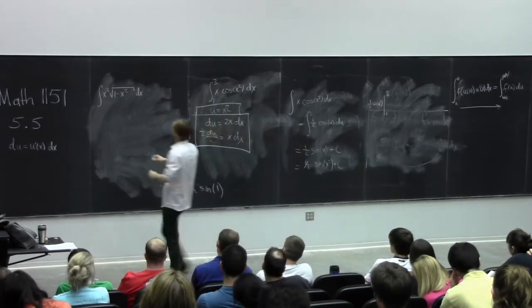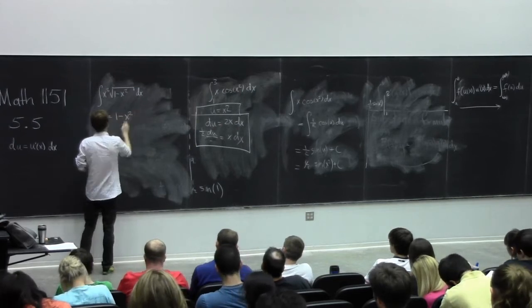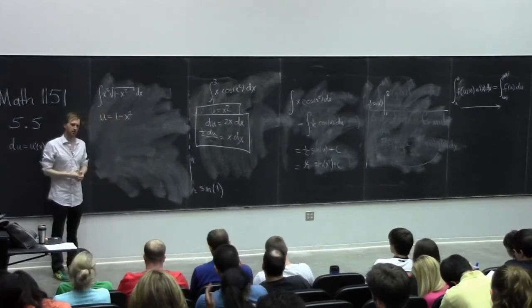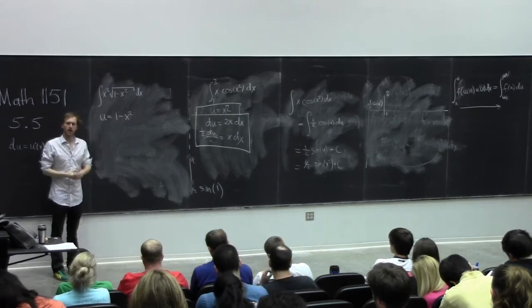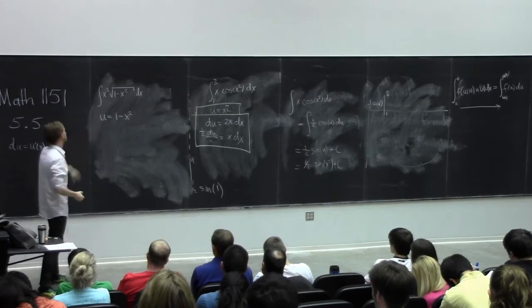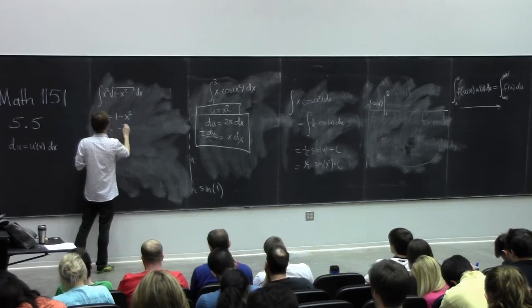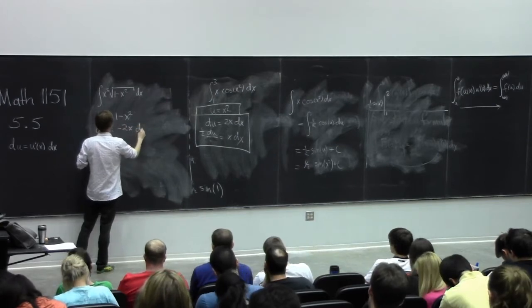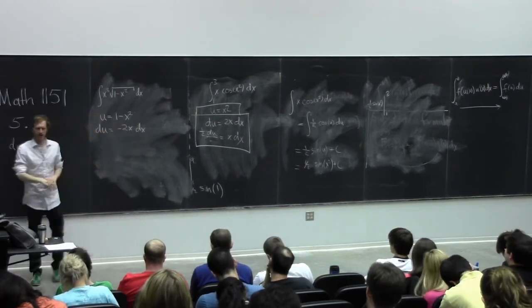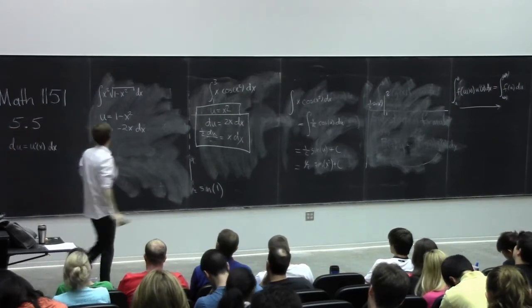He says, hey, u is equal to 1 minus x squared, right? And then what was the next step? We take the derivative of this thing. So du is equal to minus 2x dx, right?